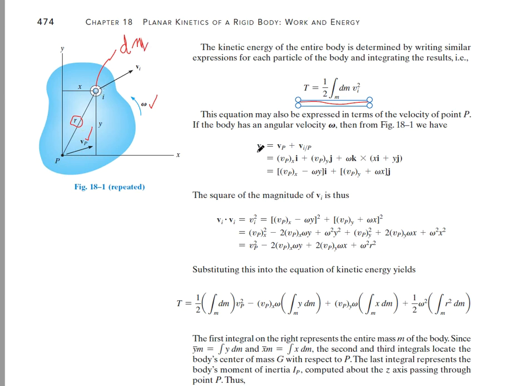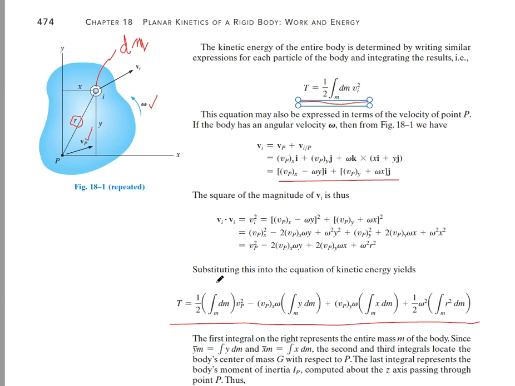So velocity of i is velocity of P plus velocity of i with respect to P. And when we square it, there are some terms that are going to simplify out. So the earlier equation for total kinetic energy takes this form.